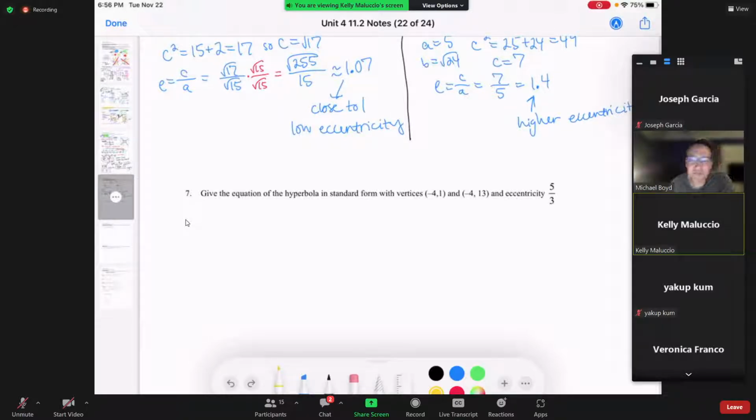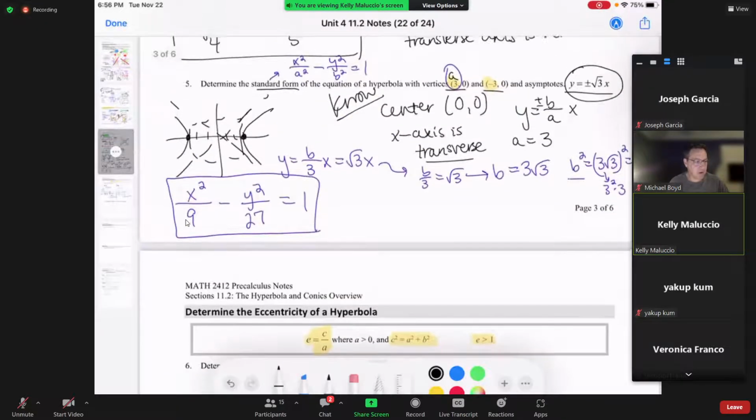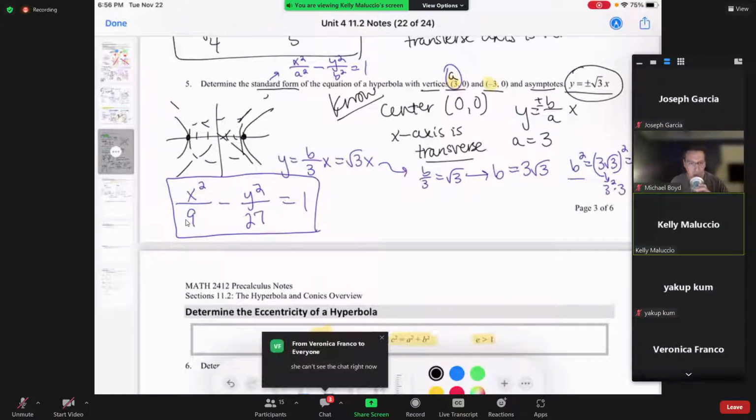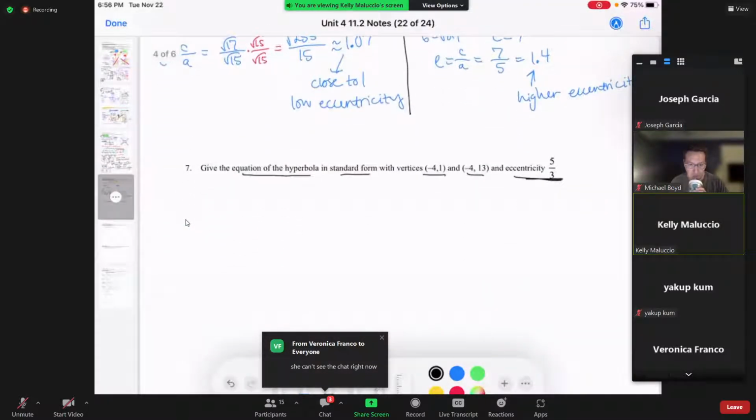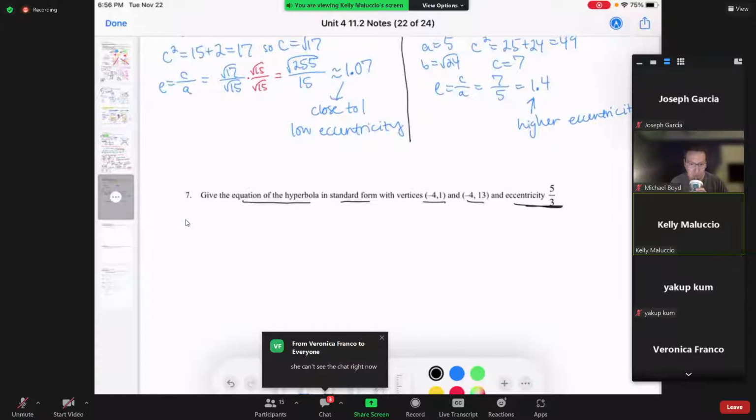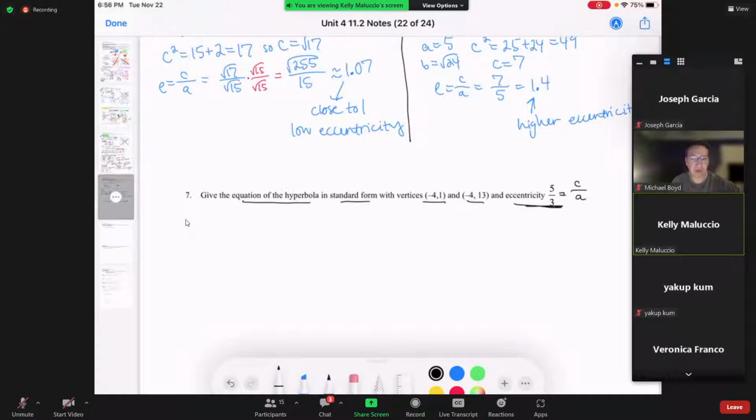Okay, so number 7 says to give the equation of the hyperbola in standard form whose vertices are these and eccentricity. So now we're not given the vertices and asymptotes like in the previous one. Now we're given the vertices and the eccentricity. So remember, this is C over A. The vertices are not going to be centered at 0, 0 because there are no zeros in the vertices, and notice how these x numbers are the same.